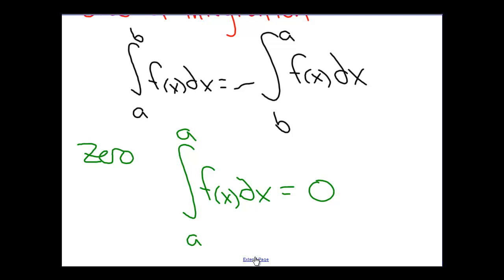I'm not measuring the area of any region at all. This also has to be true, by the way, because of the first property we talked about, the order of integration. If the order of integration had that property and this was not the case, we would be in some big trouble here.